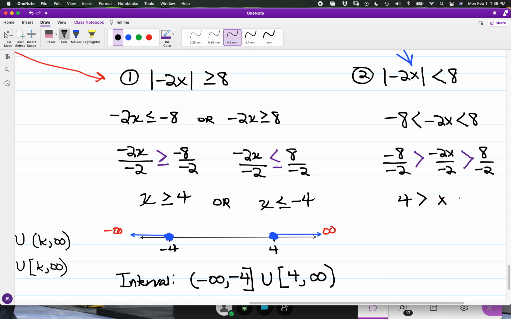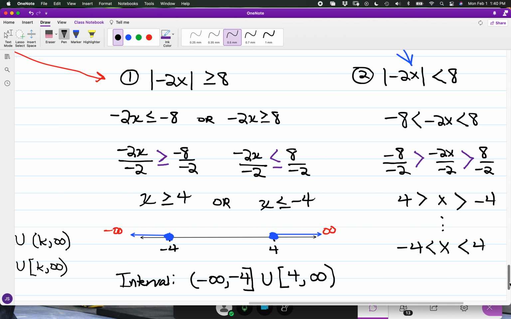And again, just rearranging what we have here: 4 is greater than x is the same as x is less than 4. X is greater than -4 is the same as -4 is less than x. So just rewriting in the order from smaller to larger and still maintaining the same logical consistency.